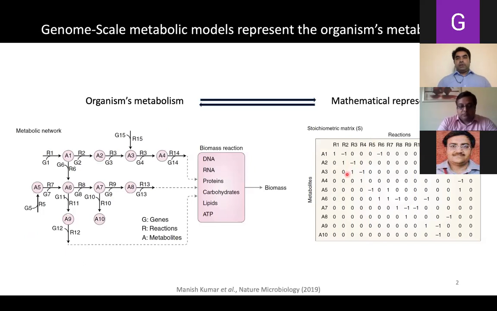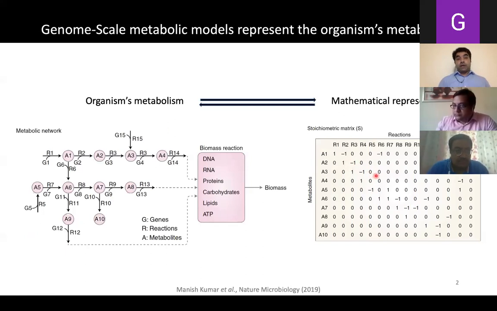In this way, this matrix also contains the information on how these metabolites and reactions are connected to each other. One of the main advantages of writing a metabolic network in this mathematical format is that this matrix can easily be read by computers, and it makes our life super easy for running so many simulations in a few minutes.